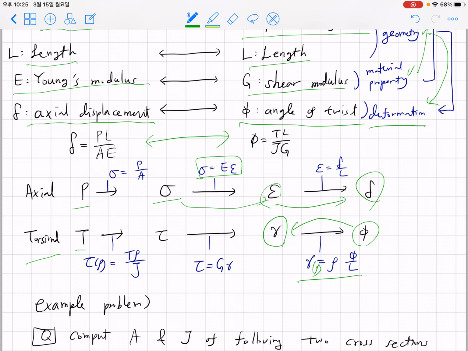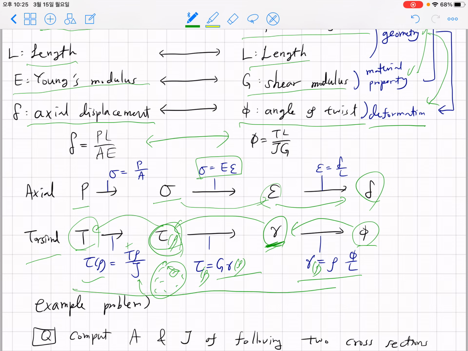This gives the relationship between gamma and phi, and because we have shear strain, we can obtain the shear stress as a function of rho by doing G times gamma. After obtaining shear stress tau, by doing the integral over the entire surface, we can relate tau and the torsion for the entire sample. Then we can obtain tau as a function of torsion T and the geometrical factor J, and we can make a connection for the entire torque, shear stress, shear strain, and twist angle relationship.